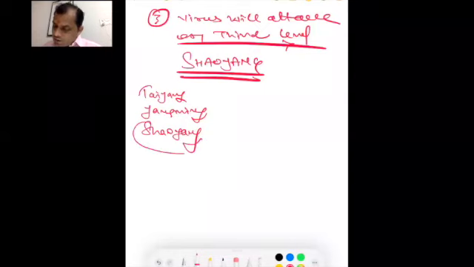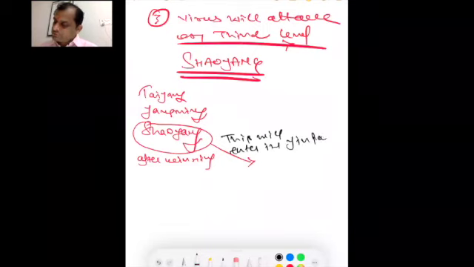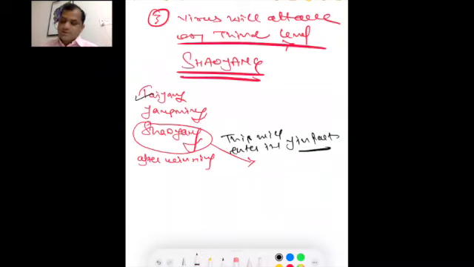Now after Shao Yang, this will enter the yin part. Because Tai Yang is yang, the outermost covering. Then Yang Ming is also yang, the second level.